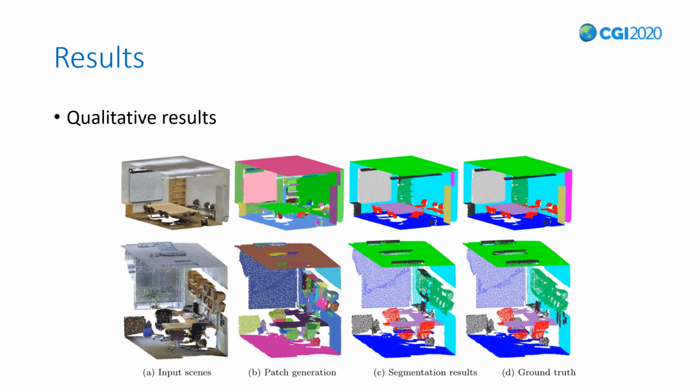Here are some segmentation results on various types of indoor scenes. Given input indoor scenes from the S3DIS dataset, our method first generates surface patches. Our PGCNet framework is able to correctly classify room layout, including ceilings, floors, and walls.